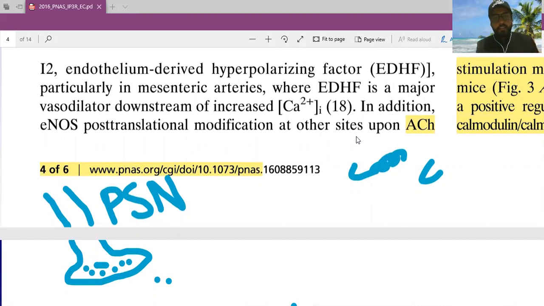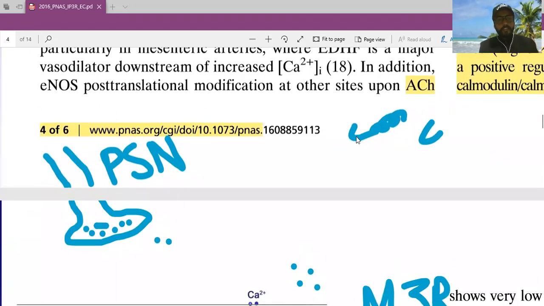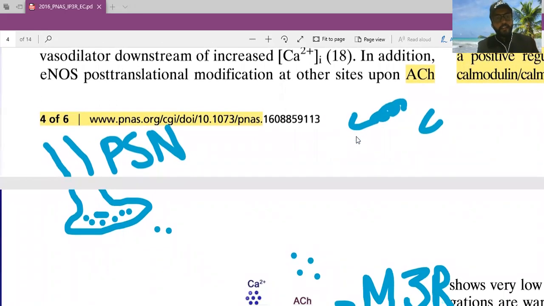Today, the topic of our discussion is acetylcholine. The question is: is acetylcholine a vasodilator? There are two answers to this question.